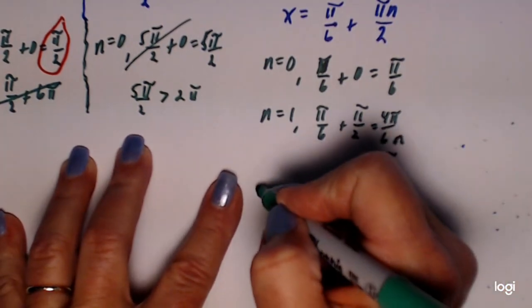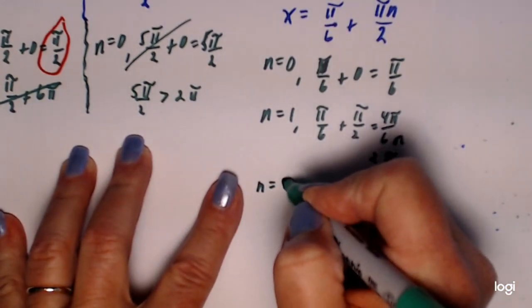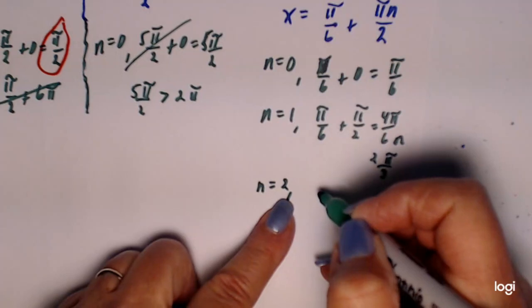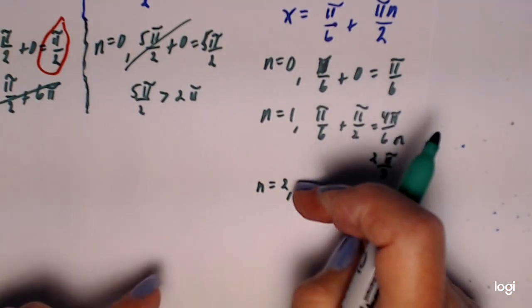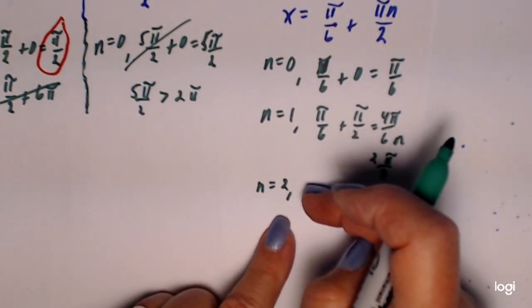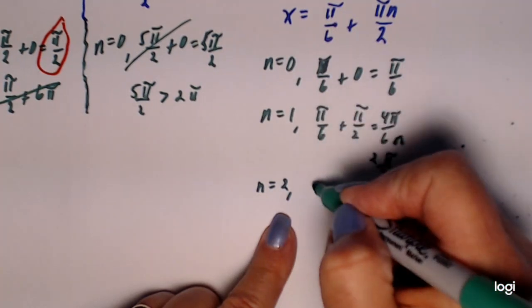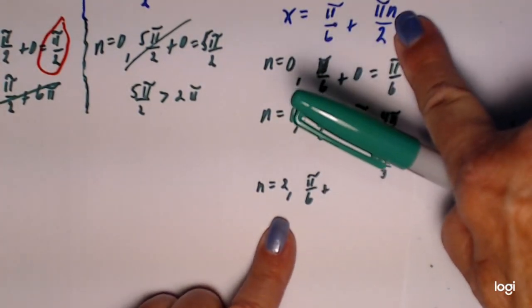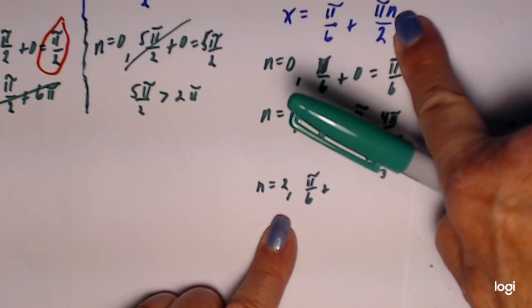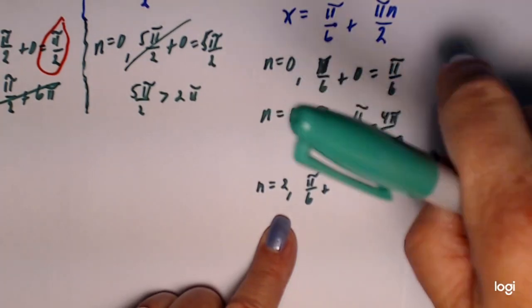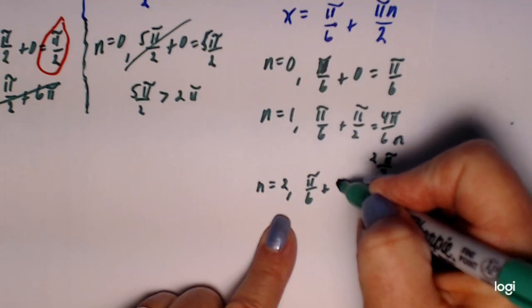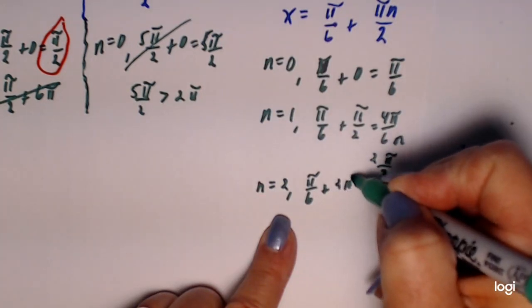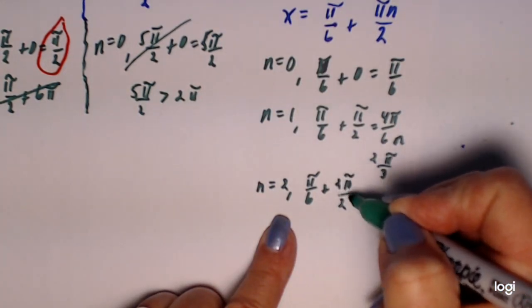If you have questions on this, make sure that you email me or come visit me on whatever Google Chat we end up using. So when n is 2, we have pi over 6. And now for 2 up here, I'm just going to write it like this so you can see it. 2 pi over 2.